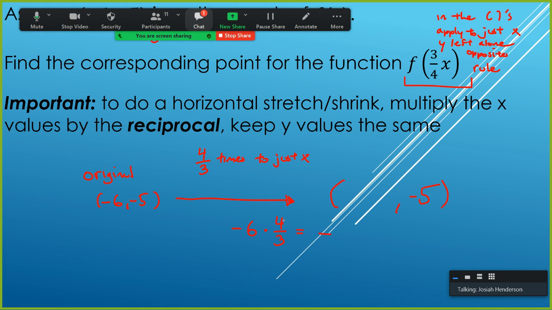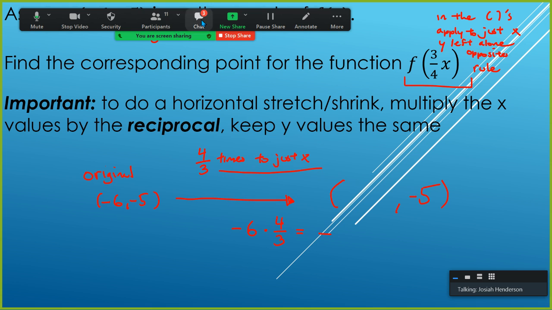Go ahead, Tira. So for the fractions, are we always going to switch them? When it's in the parentheses, we always switch it. If it's out of the parentheses, we keep it the same. We do it at face value, and we apply it to y. In the parentheses, it only gets timesed to x, only x, and it's going to be flipped.